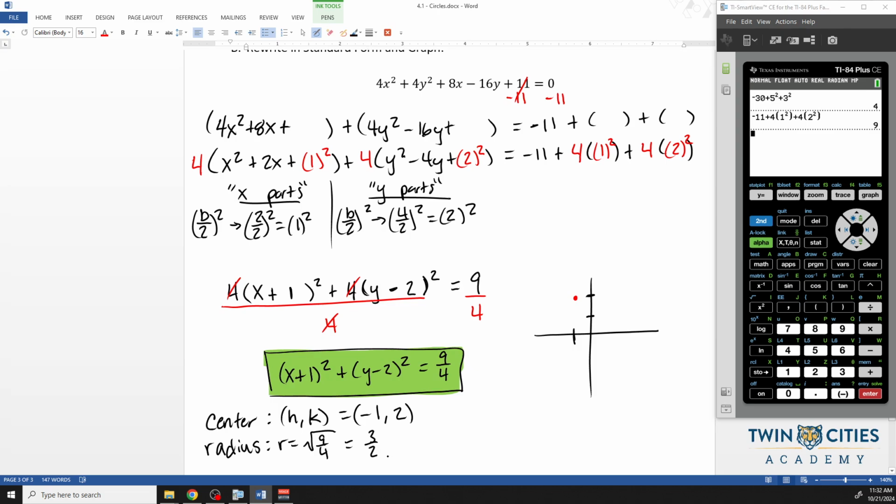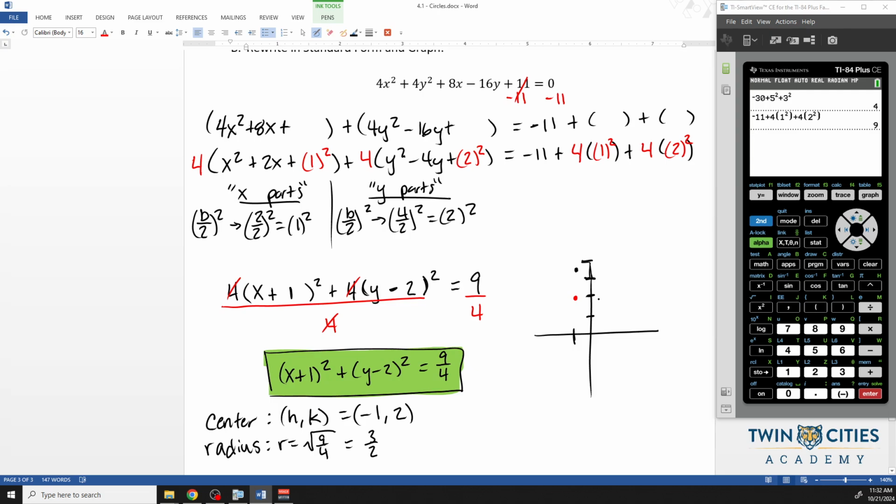Now for the radius. Again, every single point on this circle is going to be 3 halves away from the center, or 1.5. So if I'm going up 1.5, let's say this is 1 and this is 2, up 1.5 would be about here.